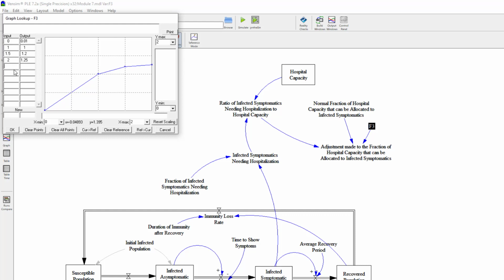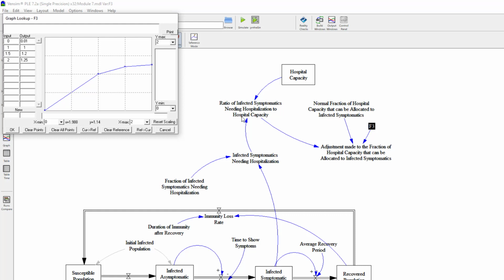Okay, so what you can do here later on is, as a policy decision, you can change these values. So rather than increasing the allocation of hospital beds to COVID-19 patients by 25%, maybe you could go even further and say 1.5 or 2, or even, this input value might be more than 2, right?